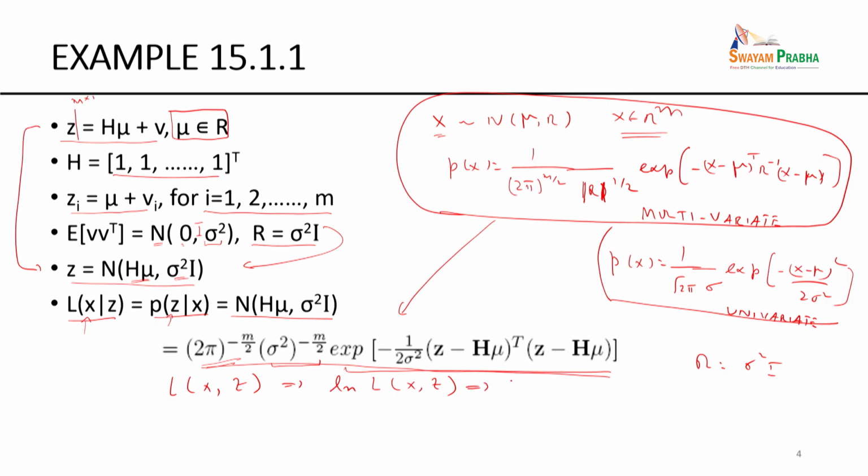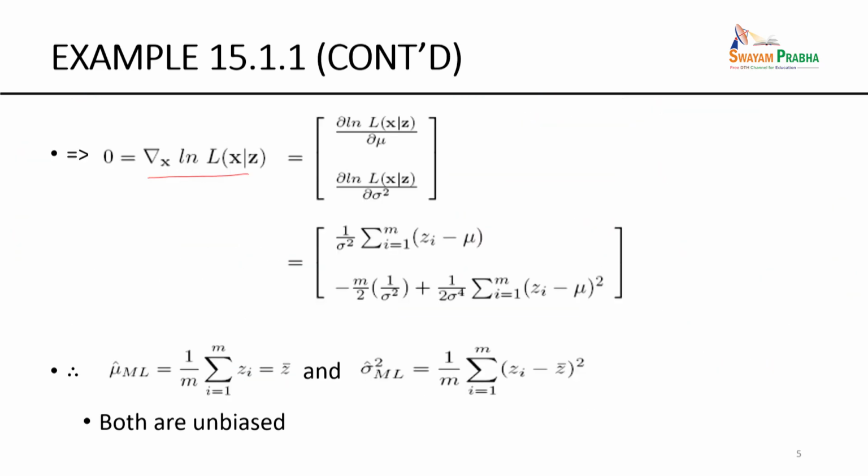From here, I'm going to consider the gradient of ln L. This is the pathway. So if I consider the gradient of this, x is mu. The unknown is mu. So the unknown could also be sigma square.